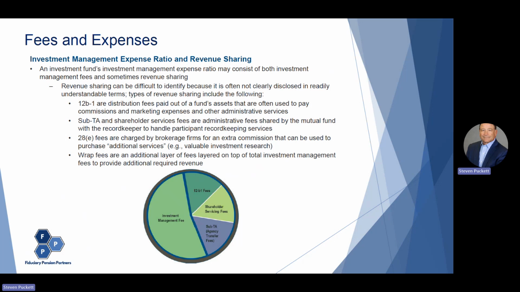Wrap fees are fees in addition to the expense ratio, put on top of the investment fees, that are used to pay for other services. Most importantly, you need to know the gross expense ratio and the net expense ratio if any of the investment options offer these various shareholder servicing fees.